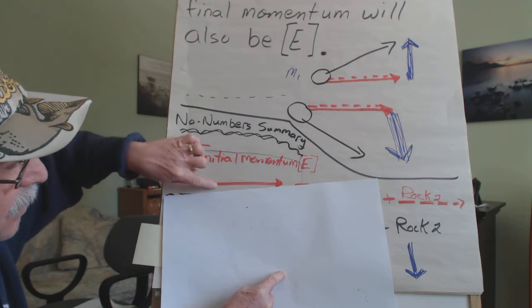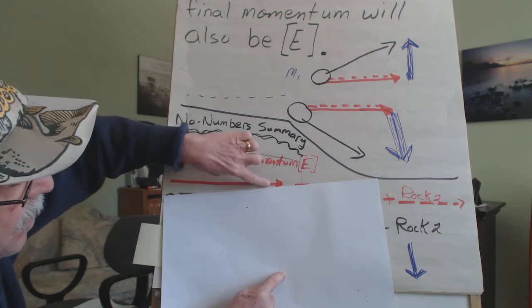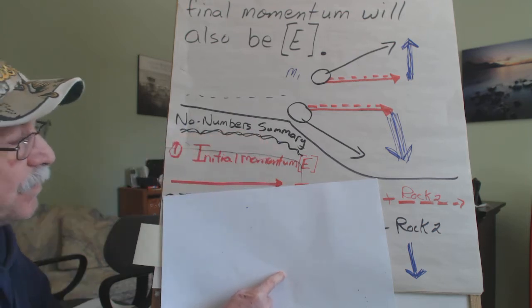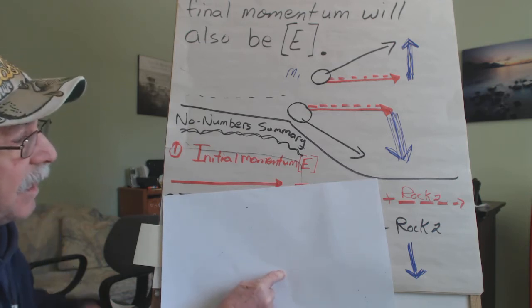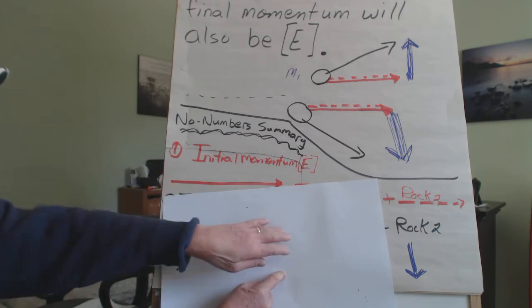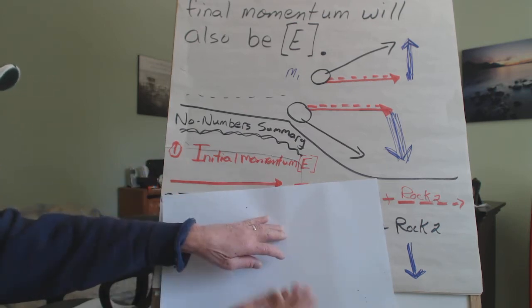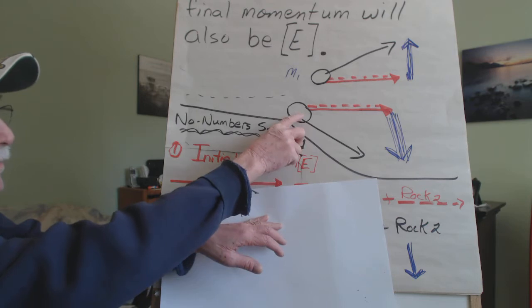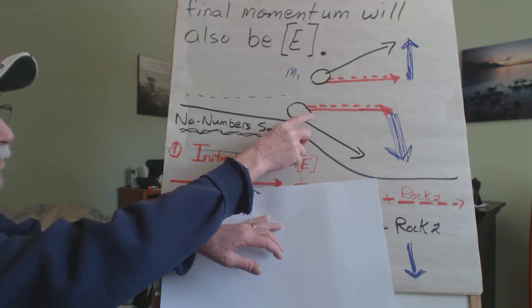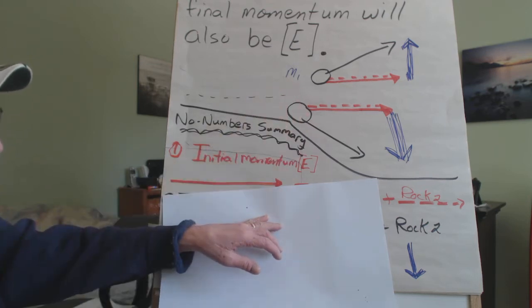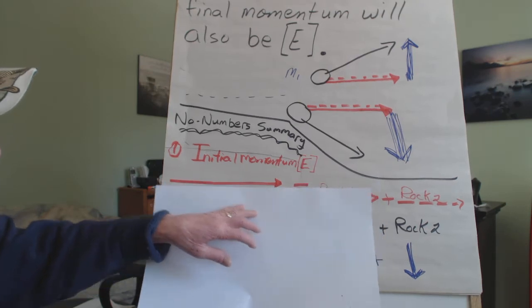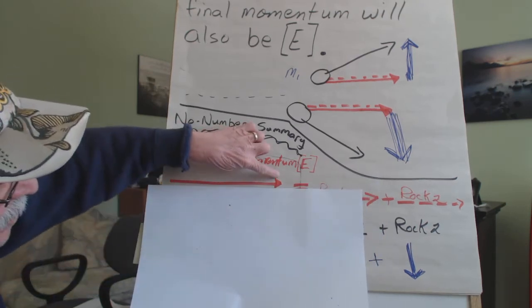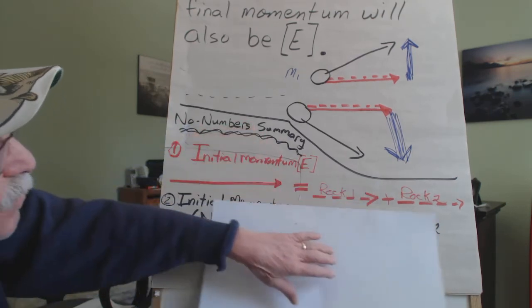This total momentum represented by the red line is going to be conserved. It's broken up into two parts: the momentum from the second rock and the momentum from the first rock. I put some red dots in there to indicate that. In other words, the total initial is the total final.